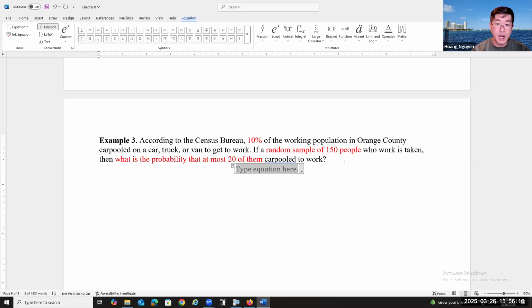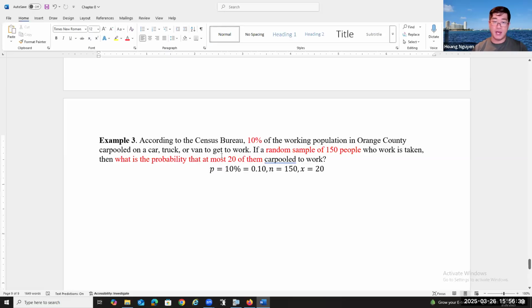The population proportion is 10%, so p is 0.10. The sample size n is 150. And the number of people who carpool to work is x, so x is equal to 20. That's what we know based on the question.